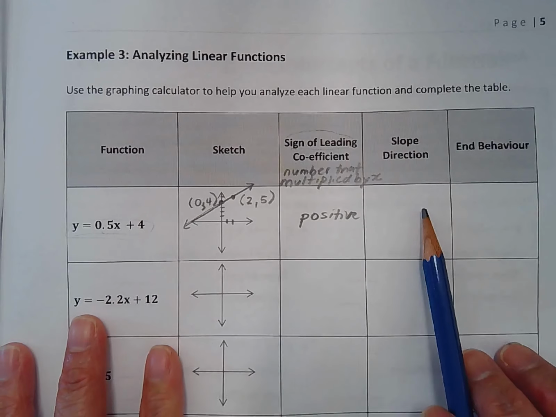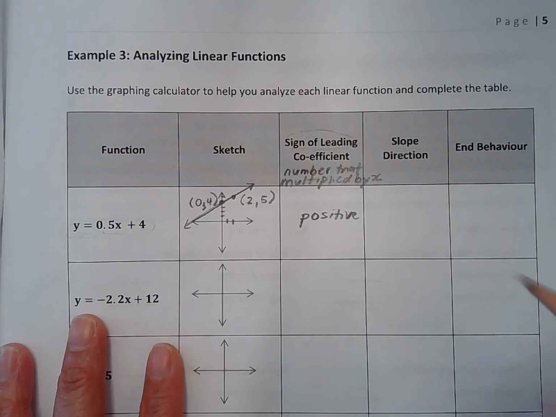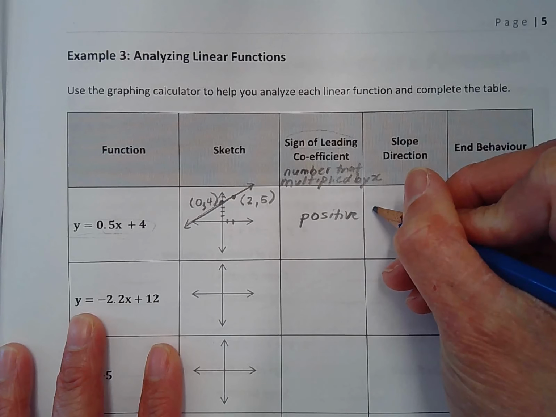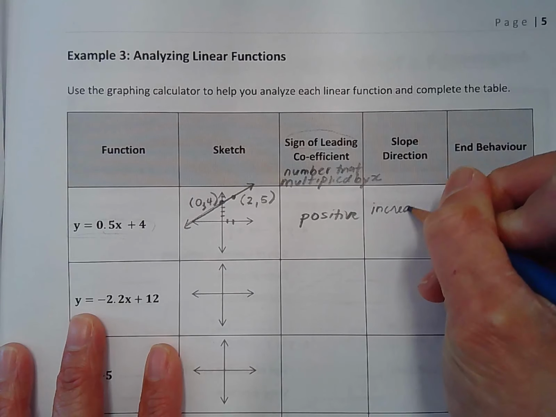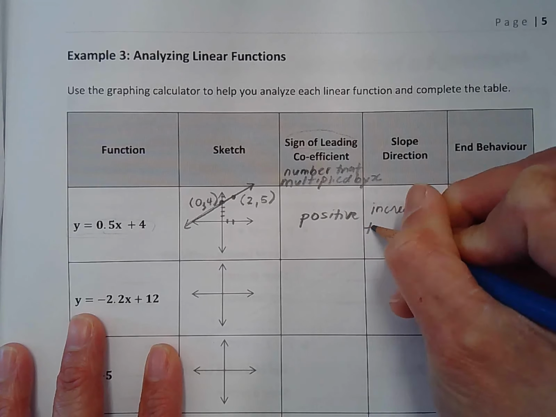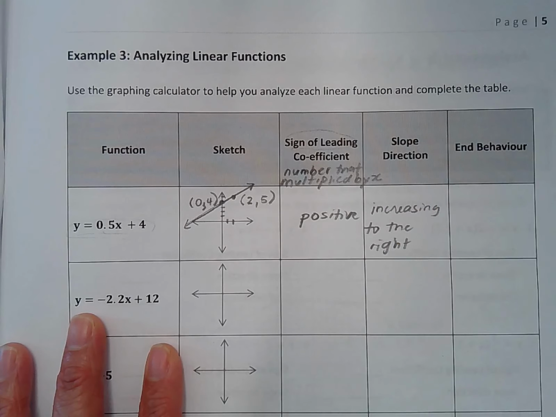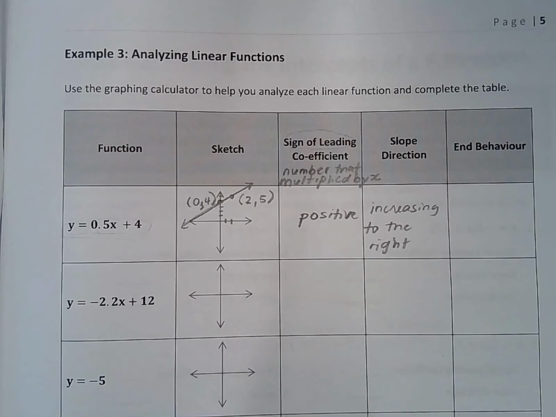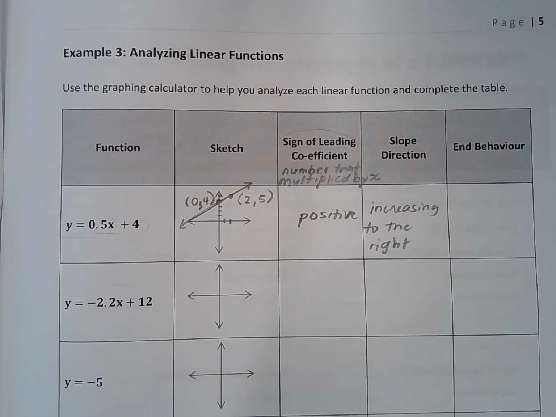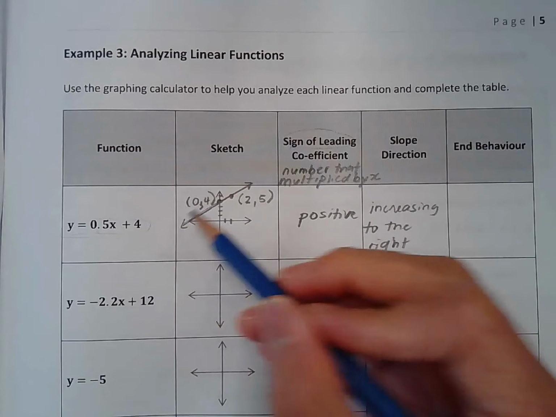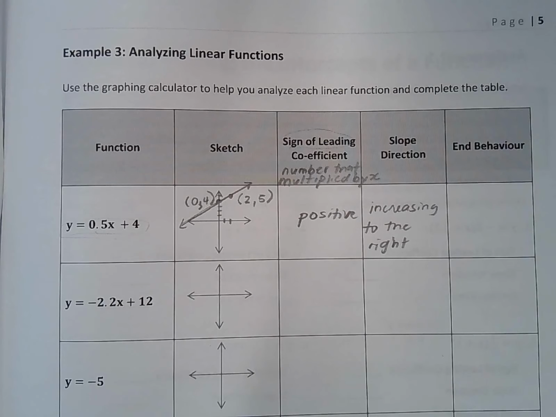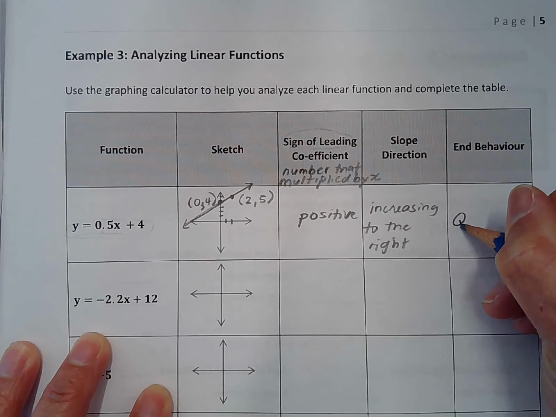Okay. What's the slope direction? Increasing to the right. Yeah, very good. And what's the end behavior? It means which two ends of the graph, because remember this is going to continue on, which region, which quadrant are the ends going?